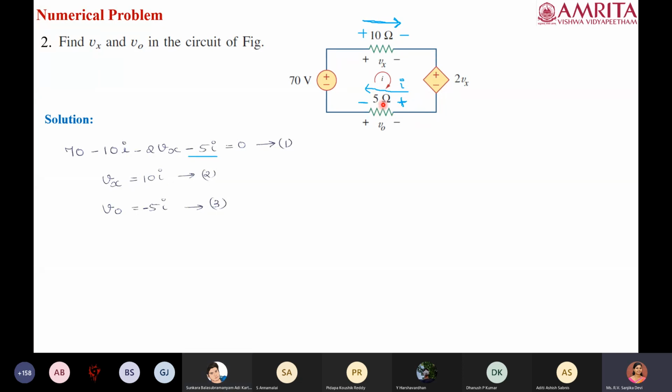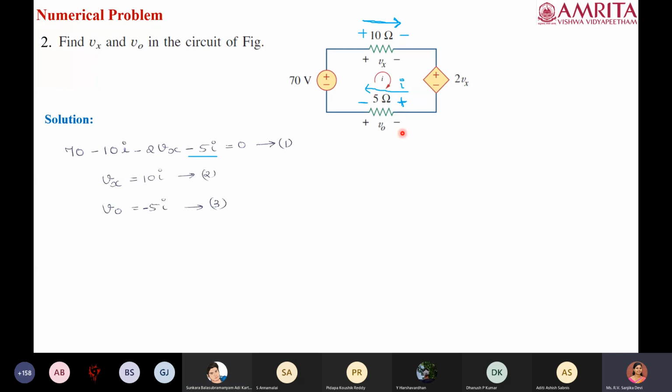But now you see the reference polarity they have given. For the 10 ohm, their reference polarity is exactly the same as the polarity we are following. Whereas for the 5 ohm, their polarity and the polarity we are following are opposite, right? If you see this diagram, for the 5 ohm, we are entering into the positive and coming out of the negative as per our convention, but the polarity they have given is exactly opposite to that. Are you able to understand?